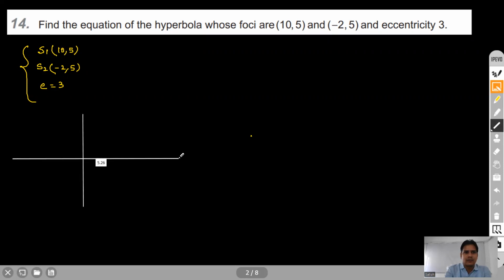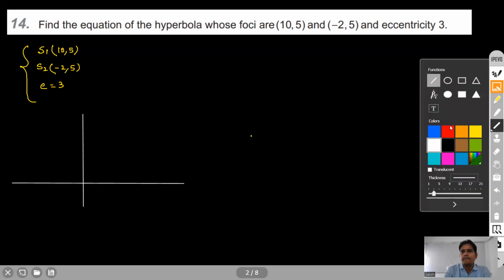So suppose this is our x and y coordinate. Okay. And I will take this x-axis a bit down. Now I will draw y equal to 5. So this will be our y equal to 5 line.